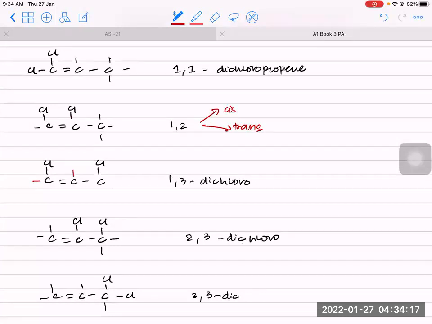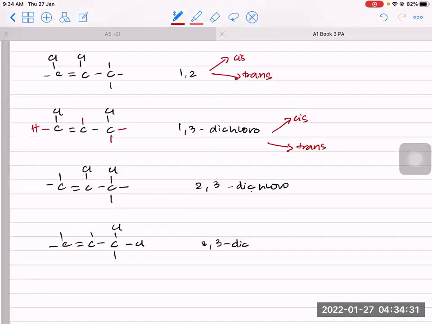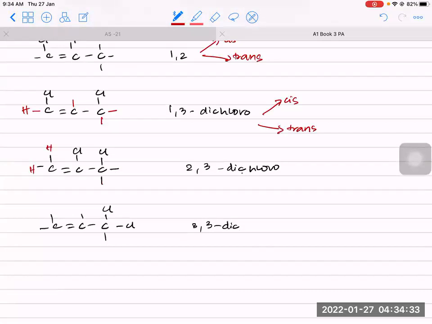This one, can this show cis trans? HCl, H, all of this. Yes. So this also has a cis and a trans. Do you all understand how? Yeah. Can this show cis trans? No, because this has 2 H's. Can this show cis trans?